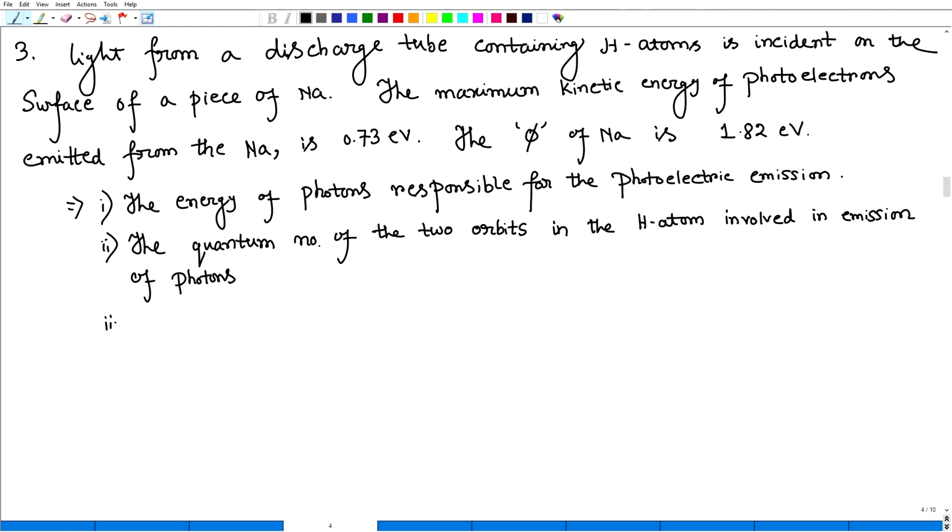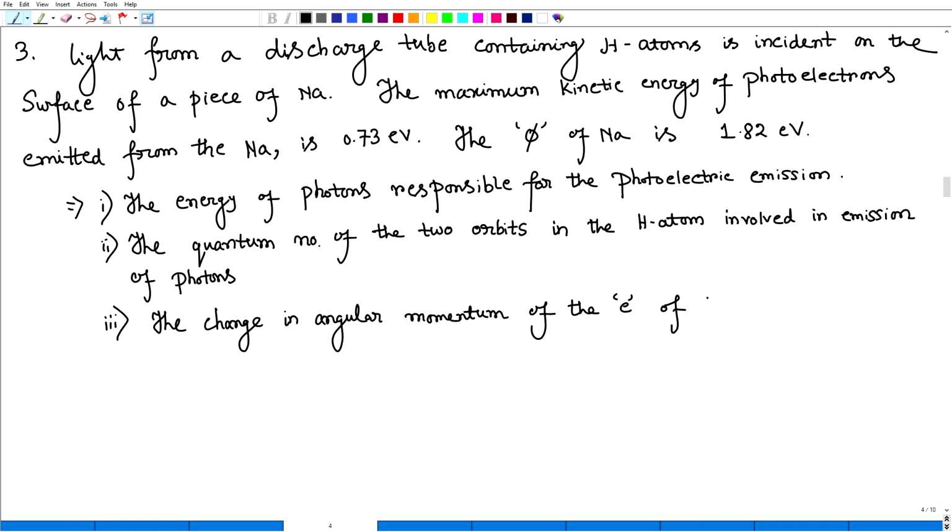And the third one is, this is a long question, the change in angular momentum of the electron of hydrogen atom in the 2 orbits. Okay, so there are 3 questions.